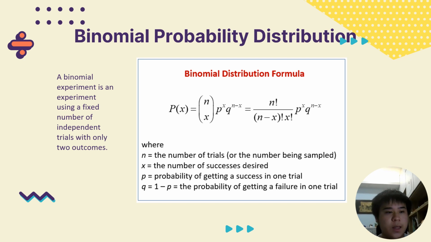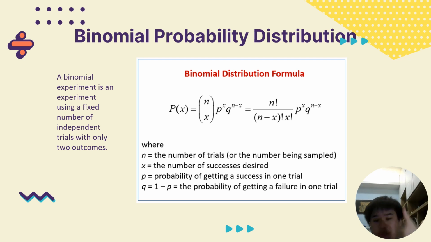Okay, let's move on to the binomial probability distribution. A binomial experiment is an experiment with a fixed number of independent trials with only two outcomes. This is really important because the outcomes are defined as either success or failure. It can only ever be success or failure.